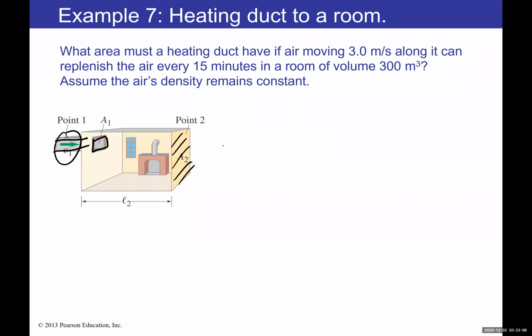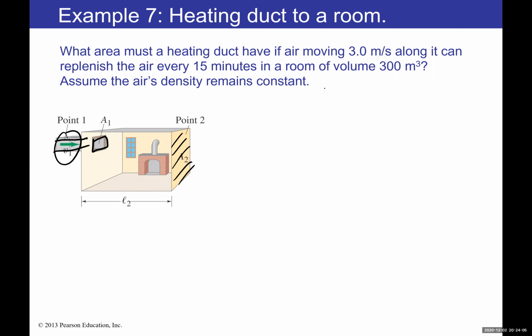All right, so that means we need to use this continuity equation, and we can treat this room as a large section of a duct, and think of air equal to the volume of the room as passing by point 2 in this given time of 15 minutes.